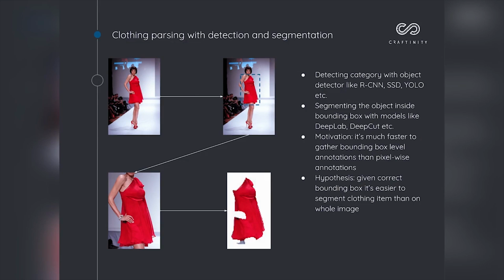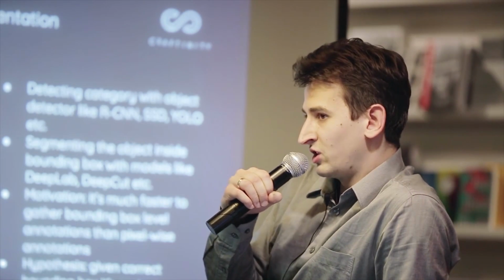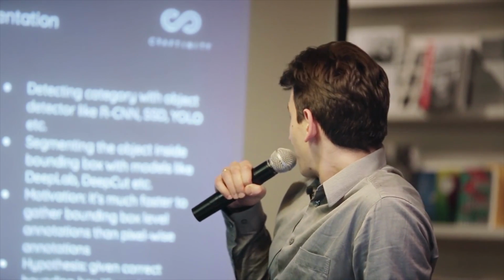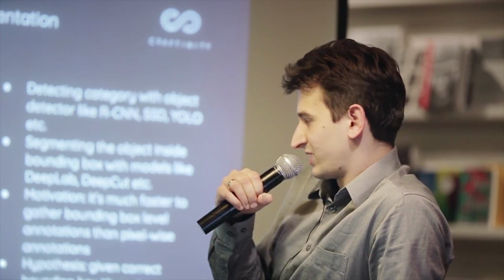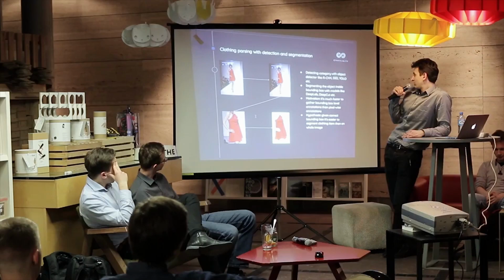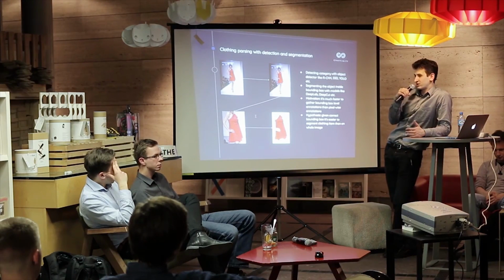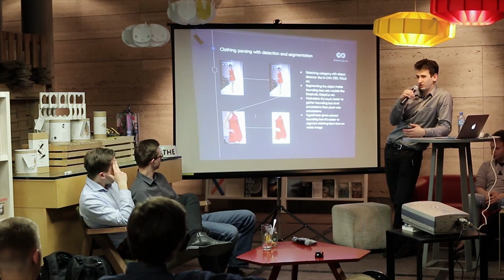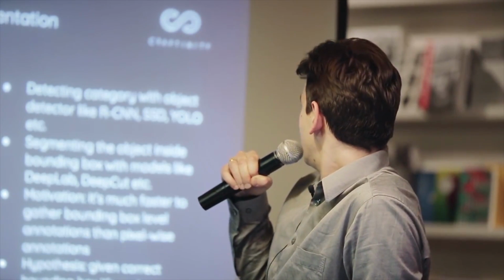Okay, I mentioned that we tried two approaches. The first is general segmentation, and in the second we tried to combine segmentation with detection of the object at first. When we want to segment the image for some category, at the beginning we use a detector which gives us the bounding box surrounding this clothing part.